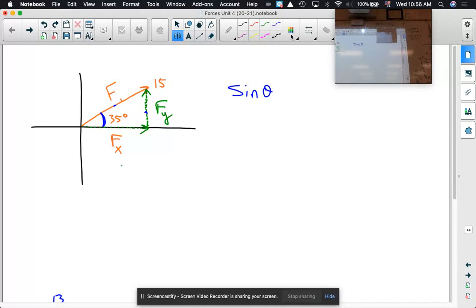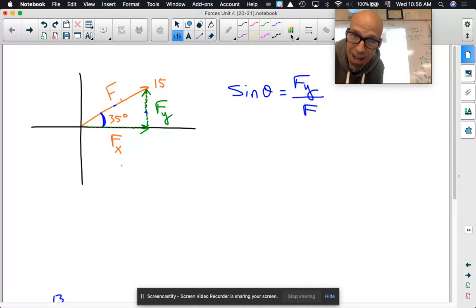Opposite is the f sub y. Sine of theta is f sub y over the hypotenuse, or f. Y'all with me here? Opposite over hypotenuse is sine. So the sine of 35 degrees should be the opposite side over the hypotenuse.